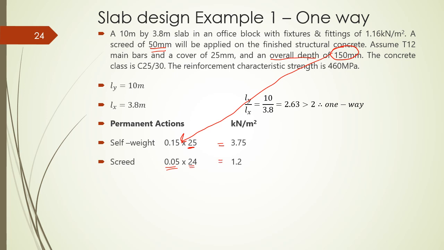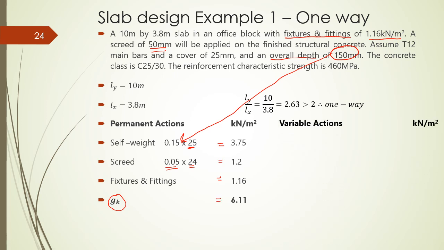Lastly, for the permanent actions, we have been given the fixtures and fittings was 1.16 kilonewton per meter squared. We will input that directly. Total it up and get the total dead load, Gk, is given as 6.11. Then for the occupancy of the office, which we had read off from a handout as 2.5, will be our only variable action.